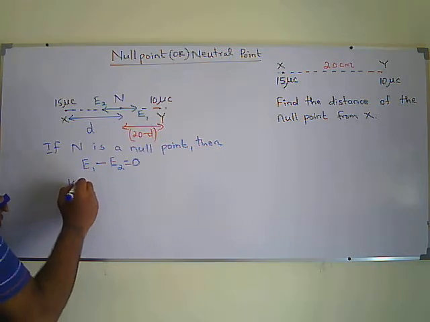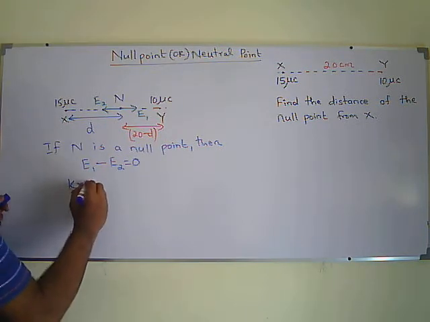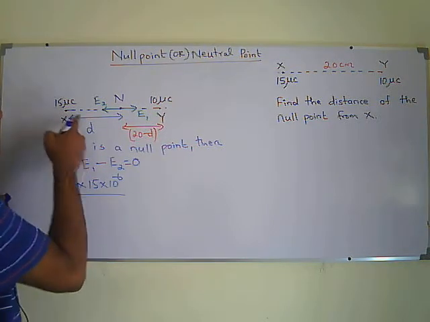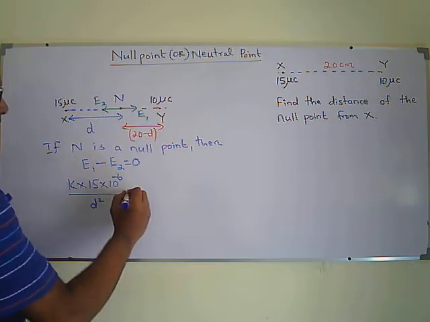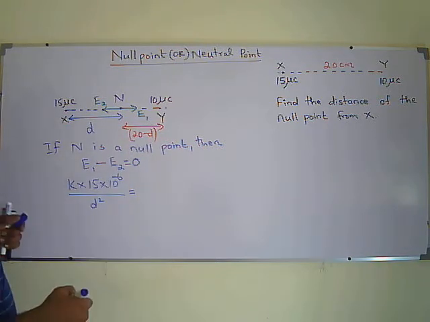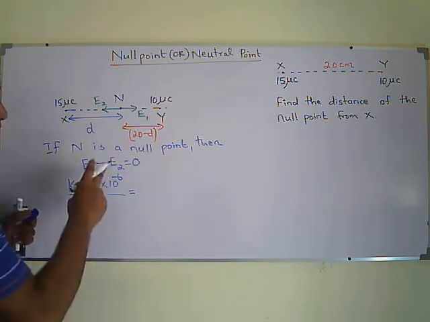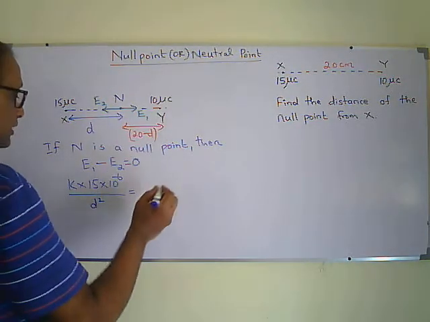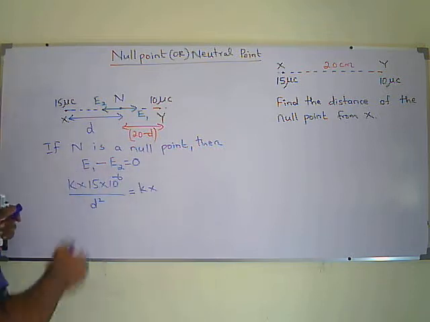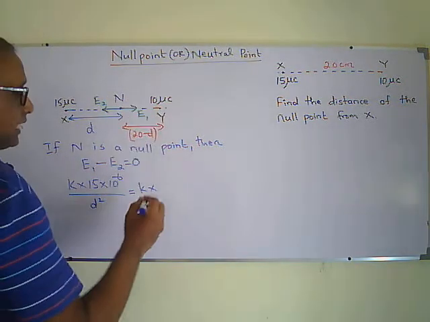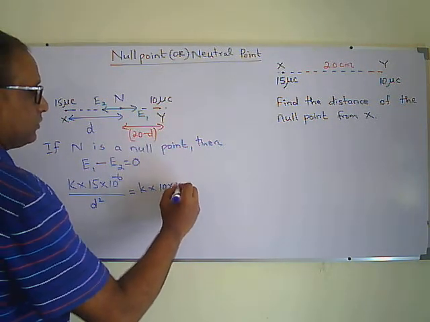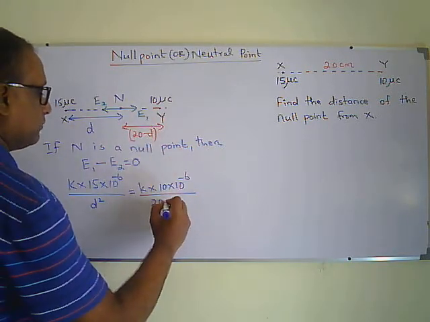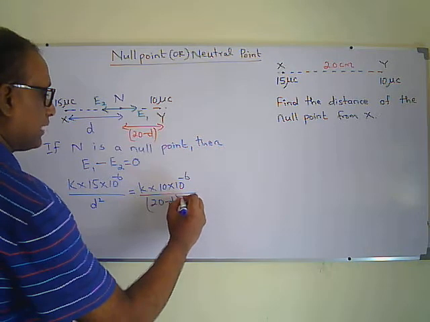So K times Q1, that is 15 microcoulomb, 15 into 10 to the power minus 6, over R squared, where the distance is d squared, equals, on the right side of the equal sign, E2, once again KQ over R squared. K we are not substituting, since they are going to get cancelled. K into the charge, 10 microcoulomb, so 10 into 10 to the power minus 6, over the distance, 20 minus d, all squared.